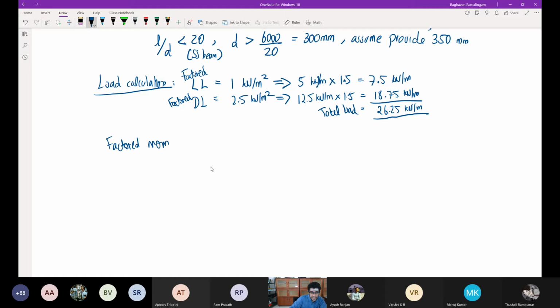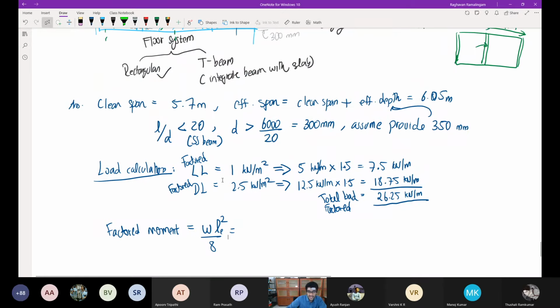So the factored moment is nothing but the total factored load into effective span squared divided by 8, where W is 26.25, and this is LE, effective span 6.05 meters, divided by 8. So how much is the factored moment?